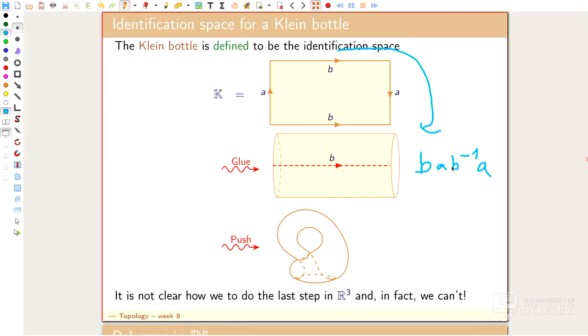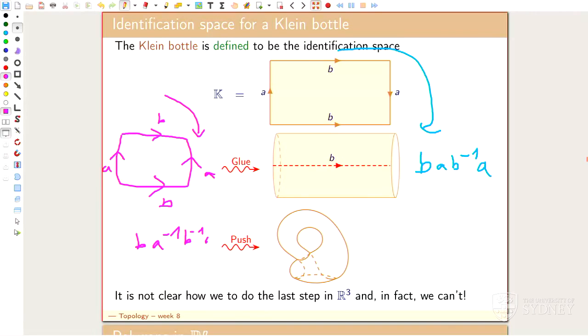So BA, B inverse A. And for the torus, almost the same, but slightly different. For the torus, I would not do this one, I would do this one. So AA, BB. So if I read it again like this, I get BA inverse, B inverse, A inverse, A. And this is almost the same, right?